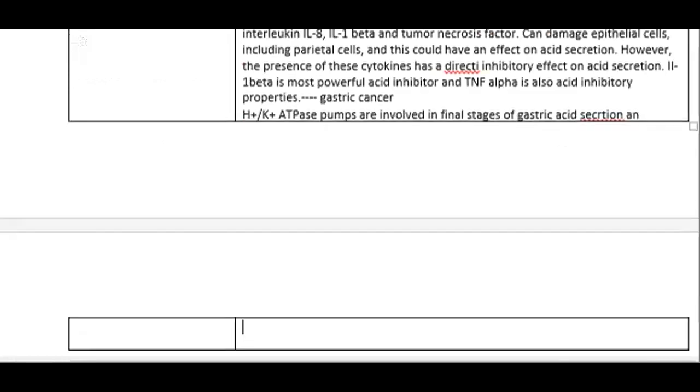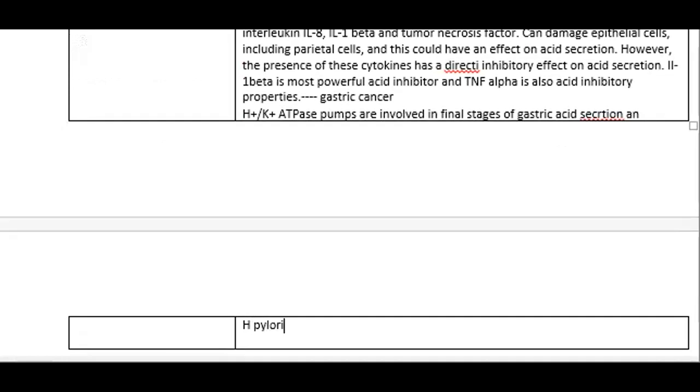This H. pylori activates these pumps and thus causes an increase in acid production.